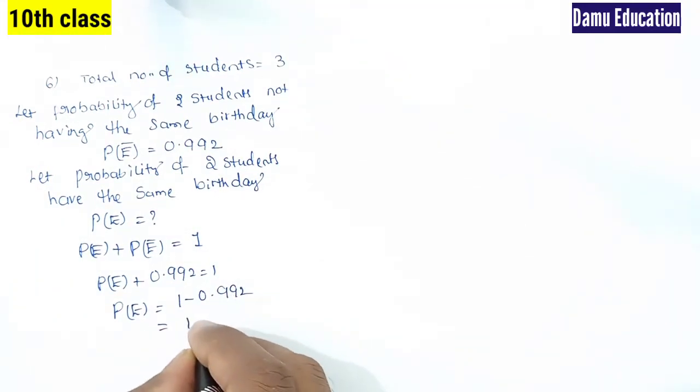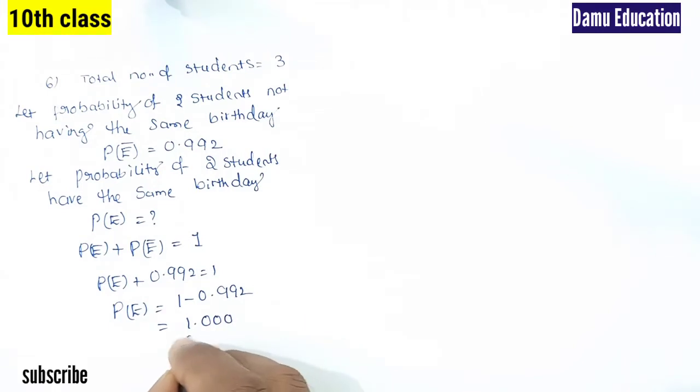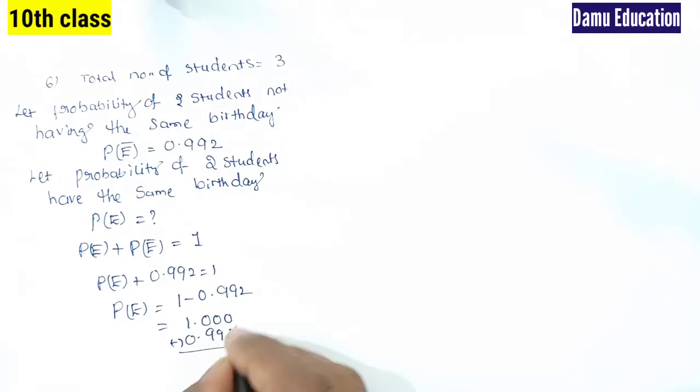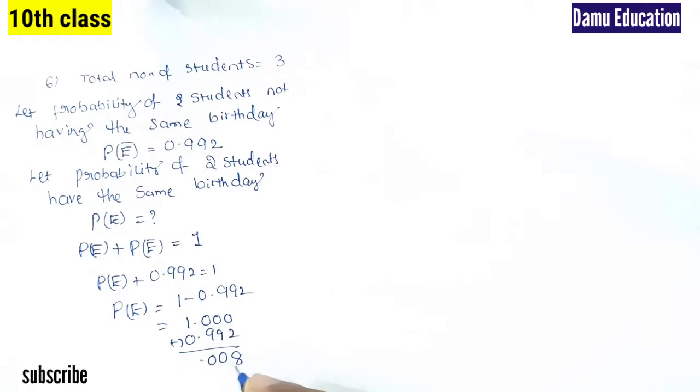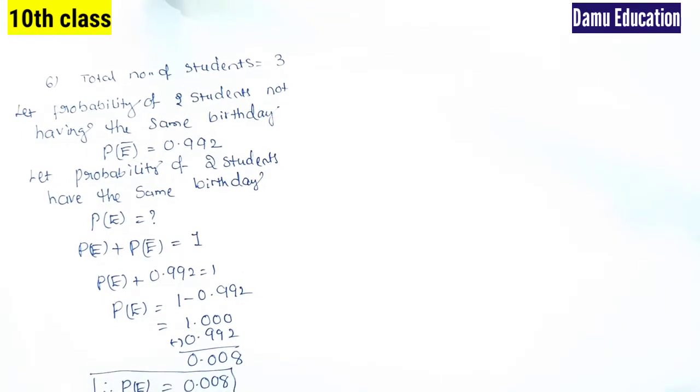Subtracting 1.000 and 0.992, we get 0.008. So P of E, the probability of two students having the same birthday, is 0.008. This is the answer.